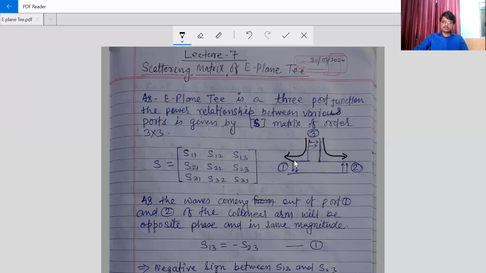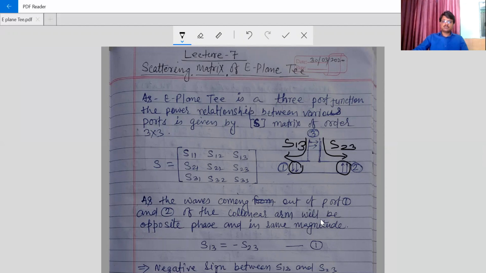From port 3 to 2, and from port 3 to 1, the magnitude is the same, okay, but the phase is opposite. Its direction is upward, its direction is down. So the electric field direction is out of phase at port 1 and port 2. Means S13 and S23 are the same in magnitude but opposite in phase.